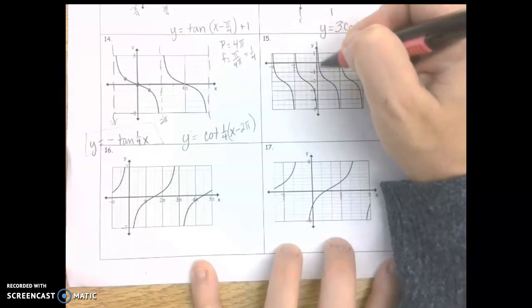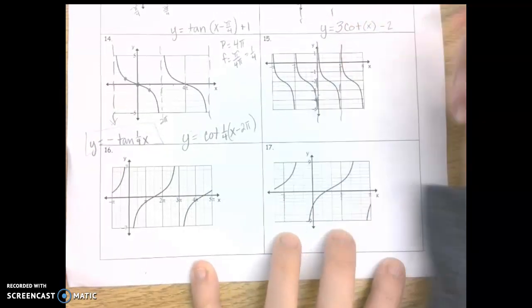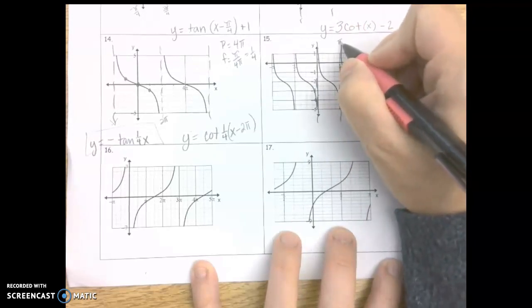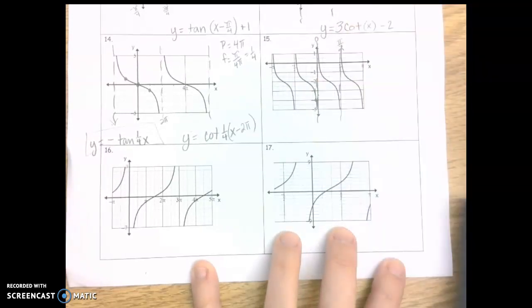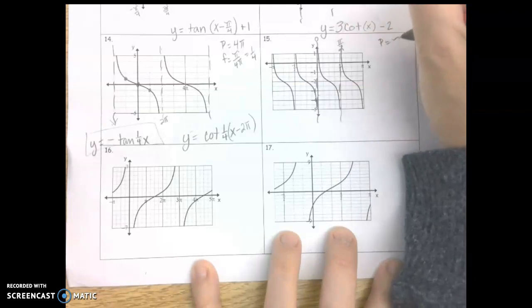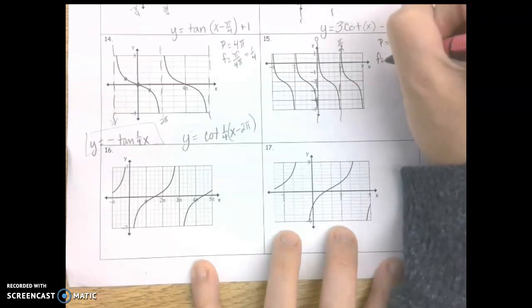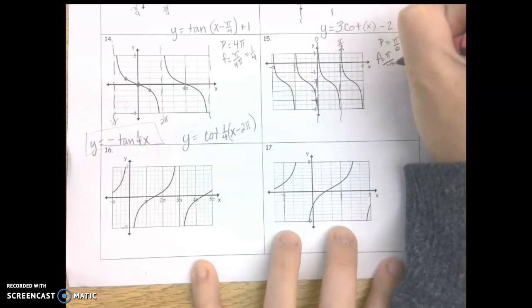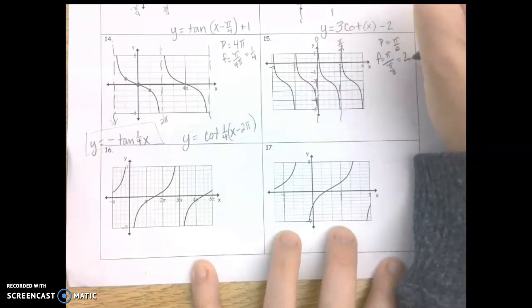Okay, so here's my asymptotes. That looks to be at pi over 2, and this is 0. So my period here is pi over 2. My frequency is going to be pi divided by pi over 2, which is just 2.